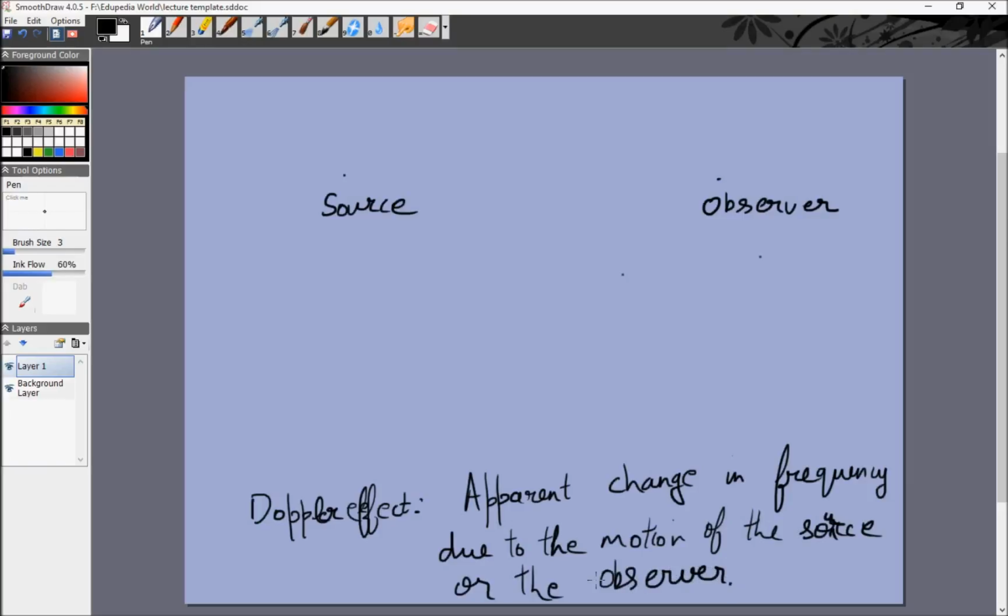So the frequency of the sound waves does not change, but the apparent frequency changes. That can happen either when the source is moving, or when the observer is moving, or both of them are moving. So let's see what happens if the source is moving.